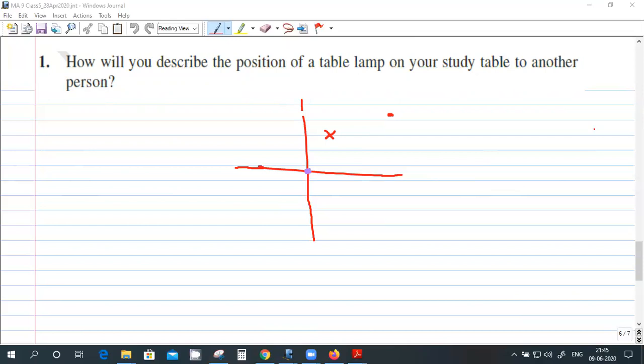Now you have to describe the position of this lamp. How do you describe it?